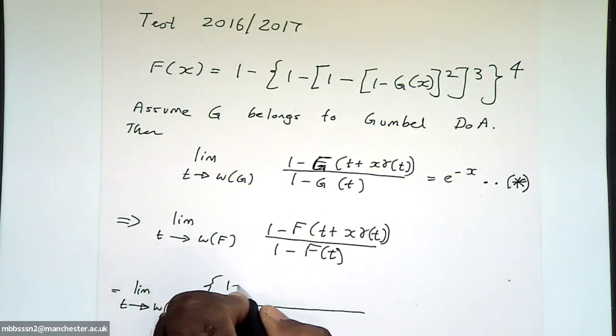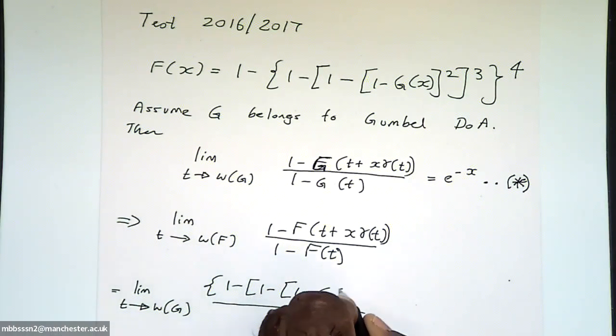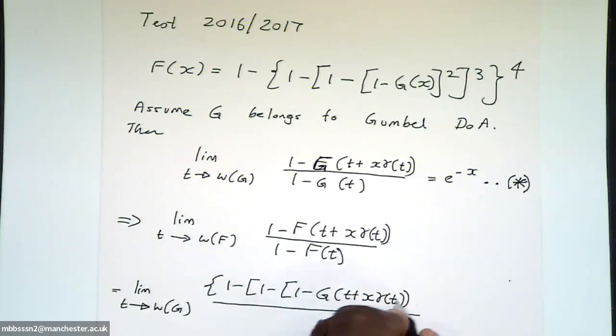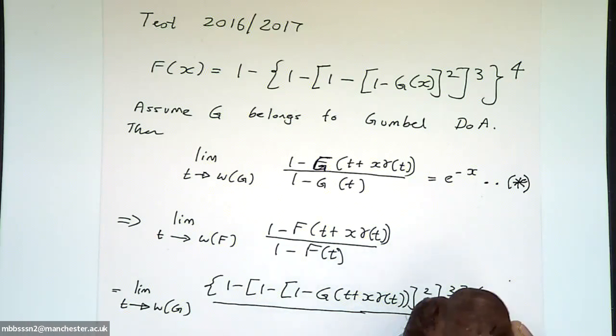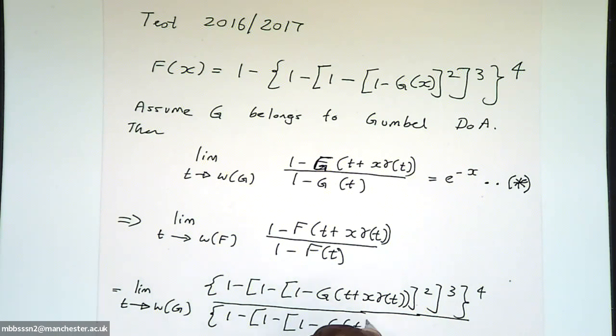You have 1 minus 1 minus 1 minus g of t plus x gamma t, then squared, then cube, then power 4. And in the bottom, you have 1 minus 1 minus 1 minus g of t squared cube to the power 4.